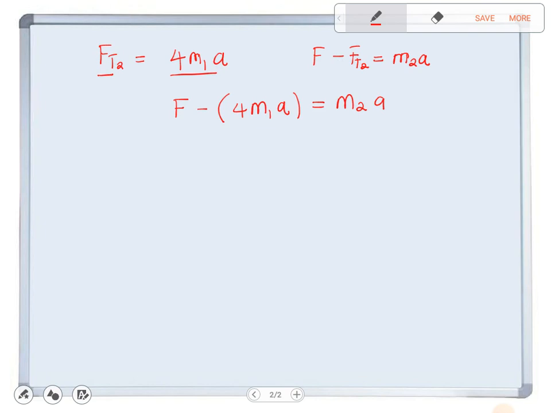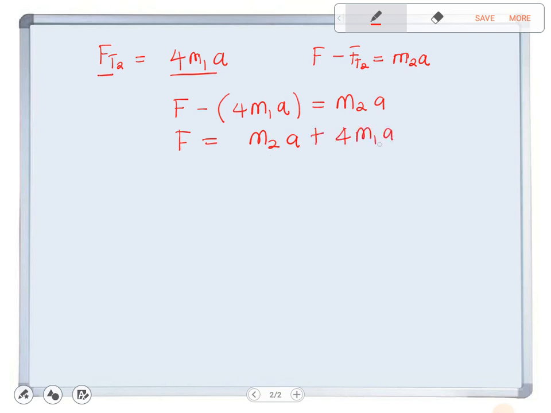Remember that we are looking for A, so we have force is equal to M2A on one side, and on the other side it becomes plus 4M1A.